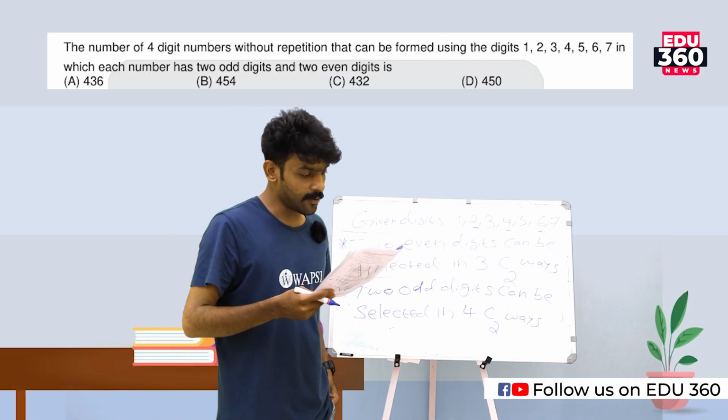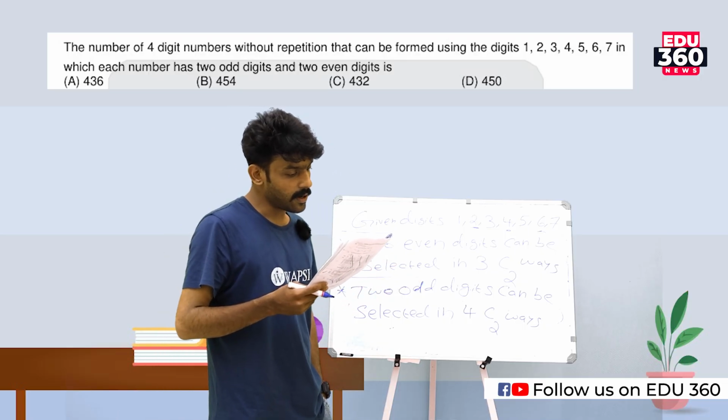In the question we need to find the total number of ways.